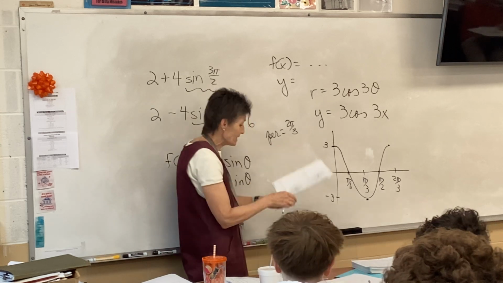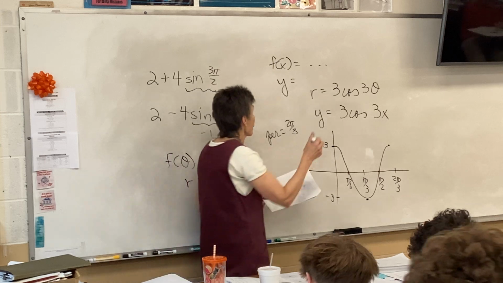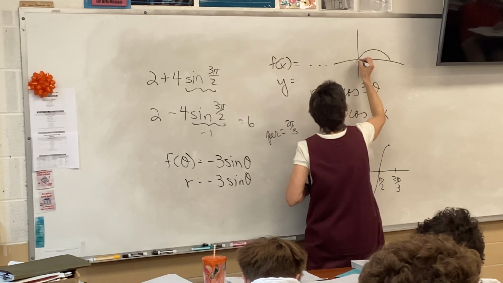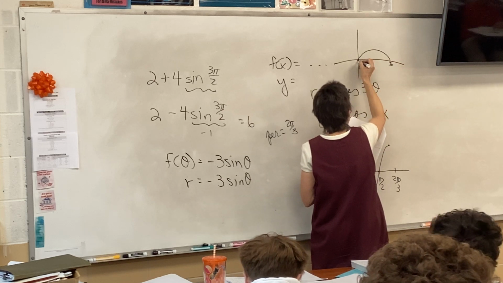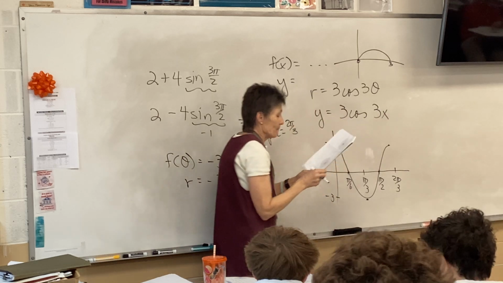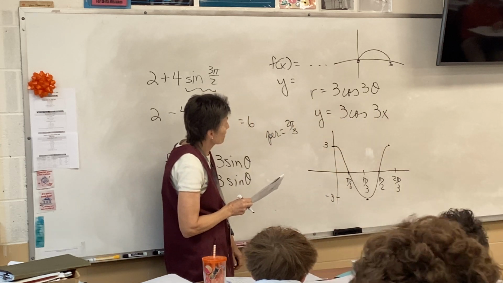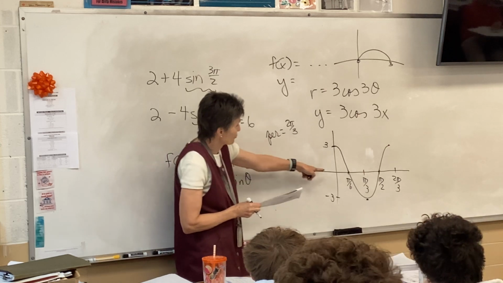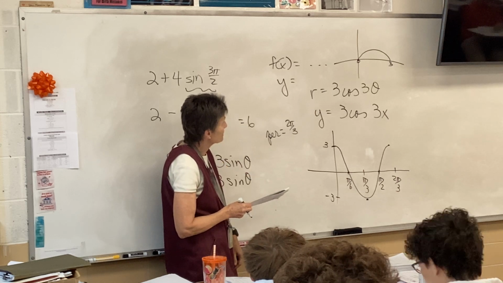Okay, so I need to look at the part of the graph. Let me look at the polar piece that I got. This is what I've got polarly. I have to find the part of this graph that corresponds to that.